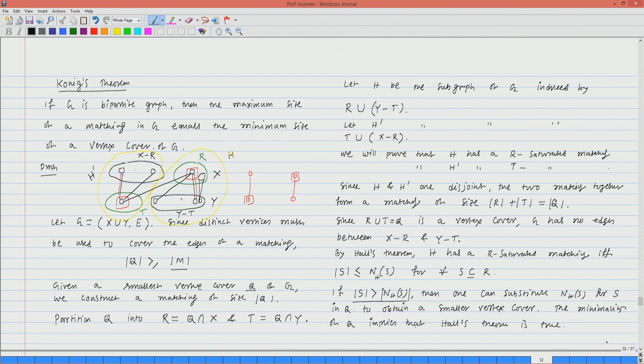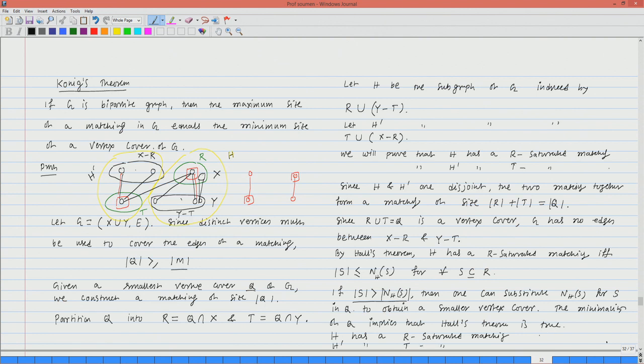Okay? And so H has an R saturated matching, and similarly H prime has a T saturated matching.